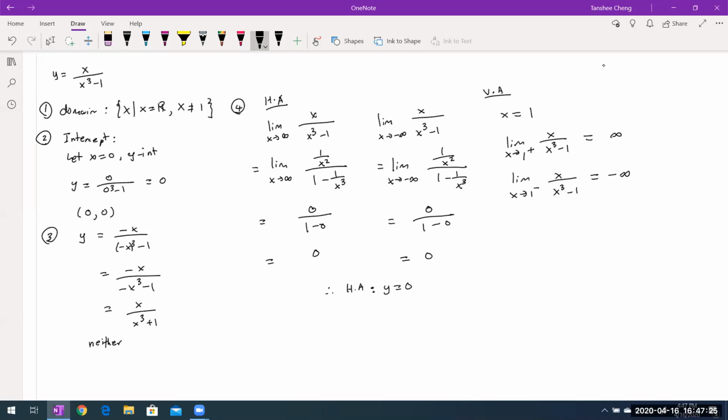For the vertical asymptote, according to the domain, I already know that it is x equals 1, but we want to go a little further and check the behavior around it. The limit as x approaches 1 from the right side goes to positive infinity, and the limit as x approaches 1 from the left side goes to negative infinity.